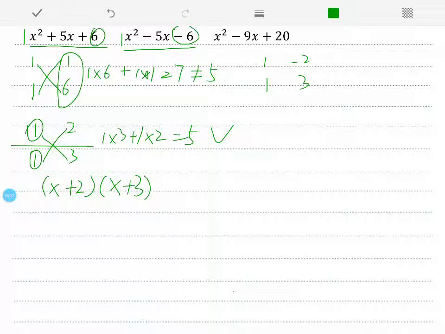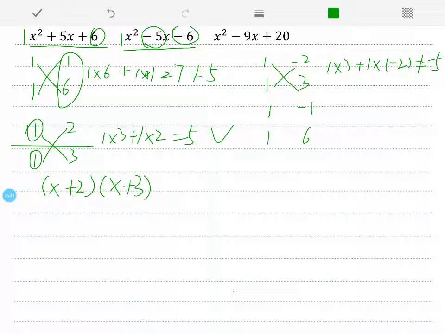But when we cross times and add, 1 times 3 plus 1 times negative 2, which doesn't equal negative 5. The number before x is negative 5. Okay, so that one is not right. We choose the other way, 1 times 1, negative 1 and 6.